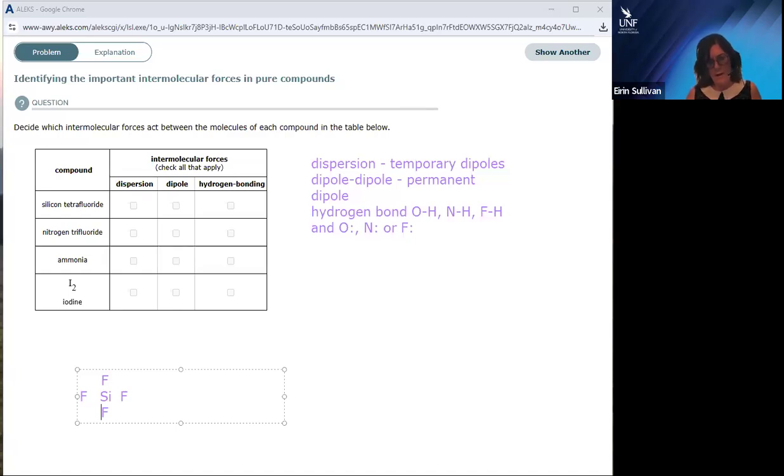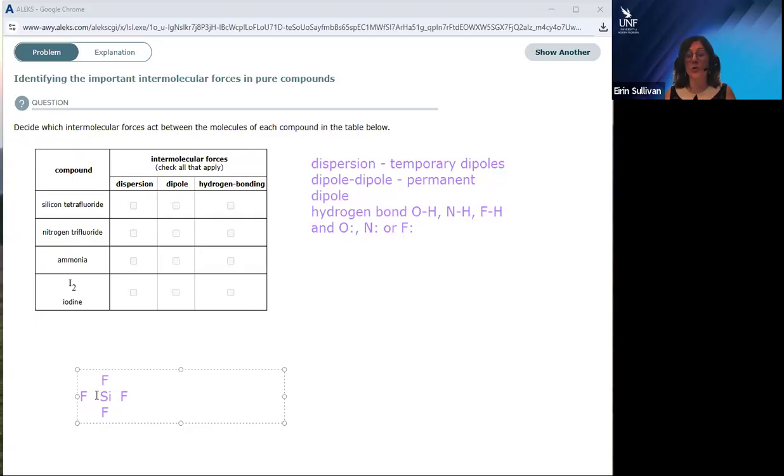My table of electronegativities. Right, so looking at the numbers, I would determine that the silicon-fluorine bond would be polar, because I know fluorine's super electronegative, it's about 4. I looked up silicon and it's 1.9-something, so I would say the silicon-fluorine bond would be polar.